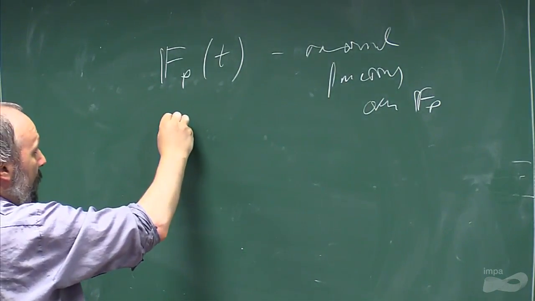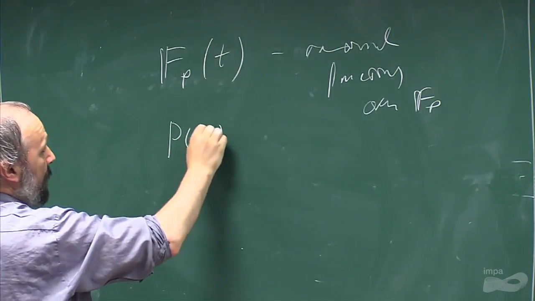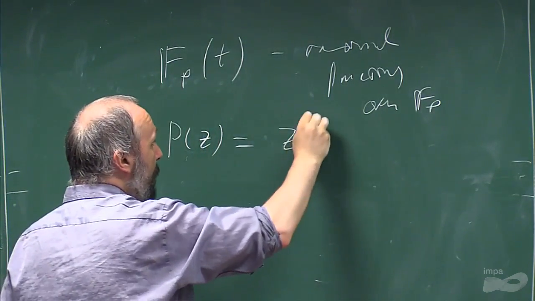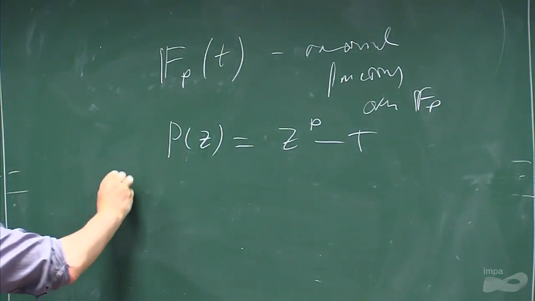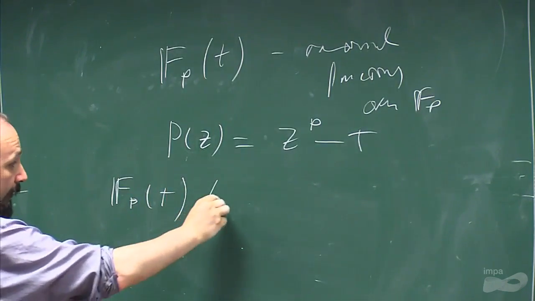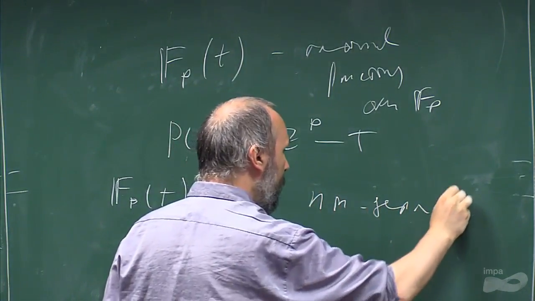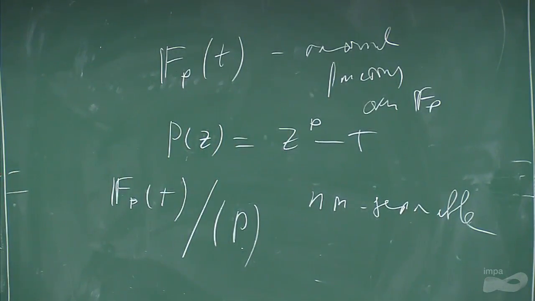Then you have a polynomial p of z equal to z^p minus t. I claim that F_p(t), quotiented by this polynomial, is non-separable. I don't have time to do that. It's an exercise for you. Sorry.